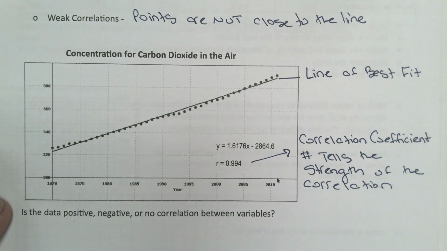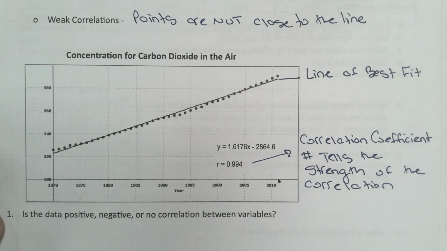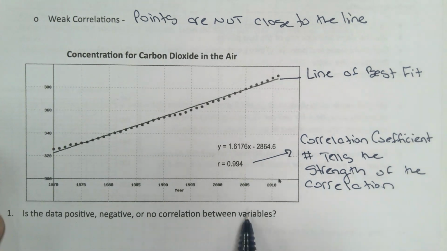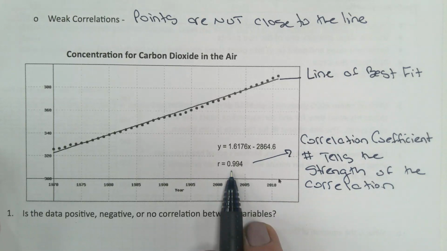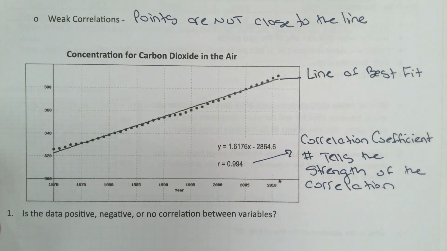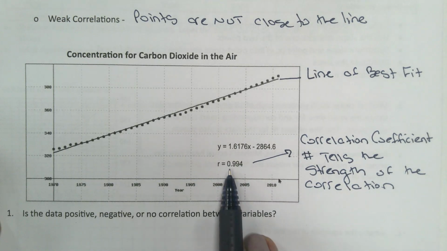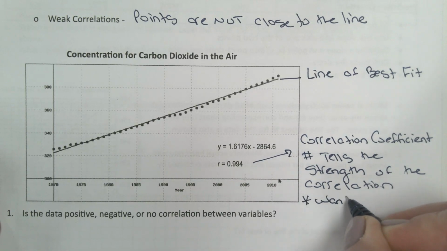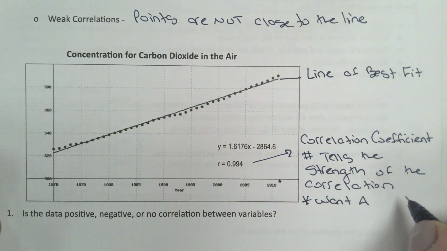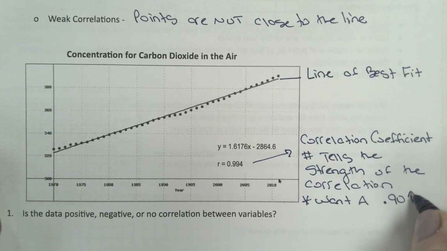I was watching a really good video. I found this Ivy Tech video, and he was doing a fantastic job, and he relates it to grades. He's like, okay, you know you want an A. If you have a 90 or better, this is an A. So you want an A, which would be a .90 or better.